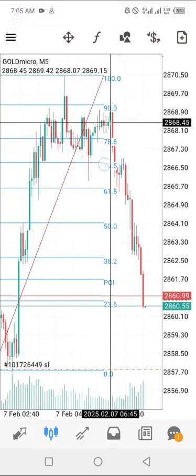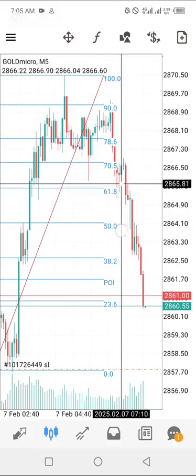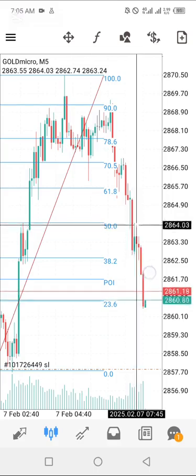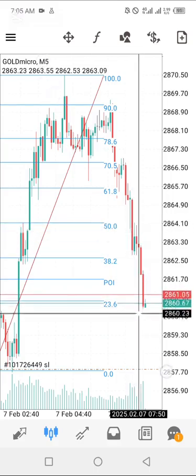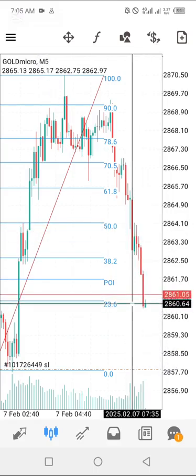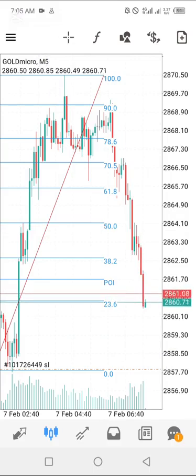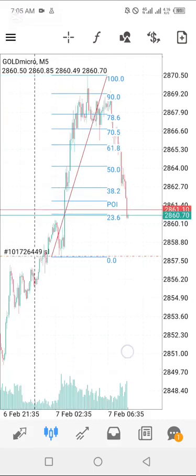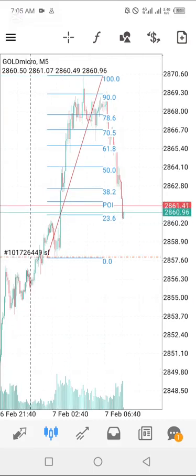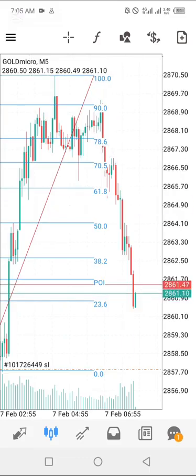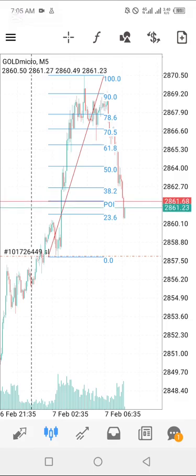This is 1, 2, 3, 4, 5. If 5 is done, then we should be trying to form ABC so that we can go back up and continue in the direction of the main trend, which is bullish. So I'm just going to allow price to do its thing.